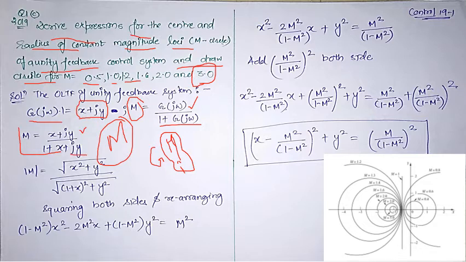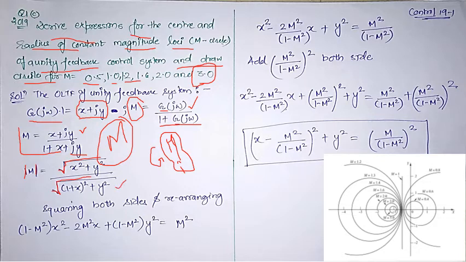So you are essentially substituting the value of G in these two places, and then you have to take the modulus of this. Once you take the mod, you will find the numerator as under root of x square plus y square, and the denominator will become under root of (1 plus x) whole square plus y square.